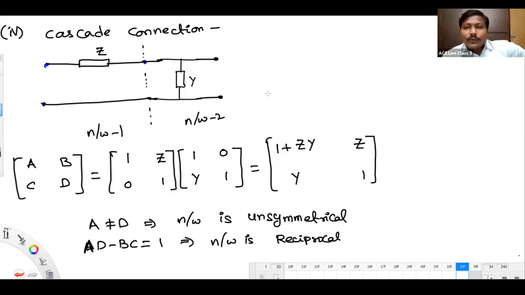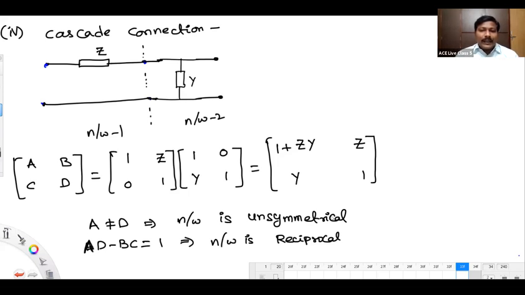Listen to the comment I am making now. First, network 1: is it symmetrical or not? Yes, because you get A equals D for network 1, so it is symmetrical. What about network 2?